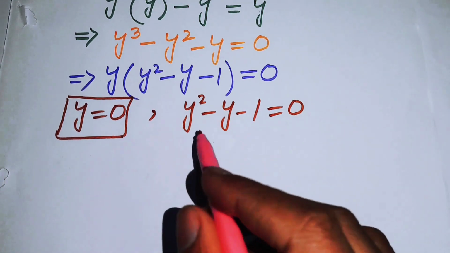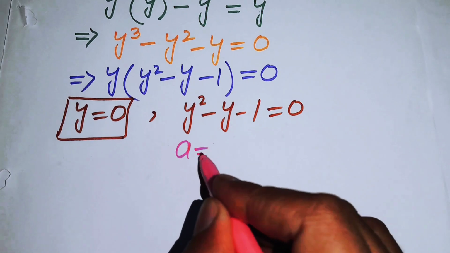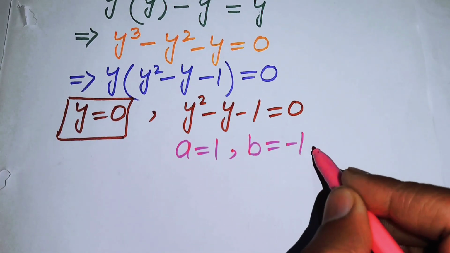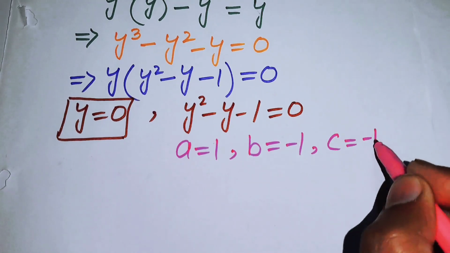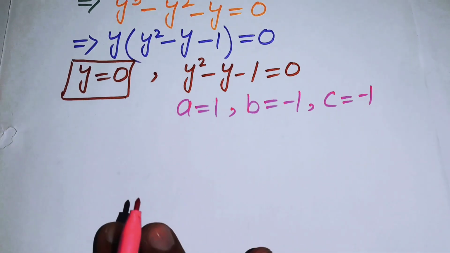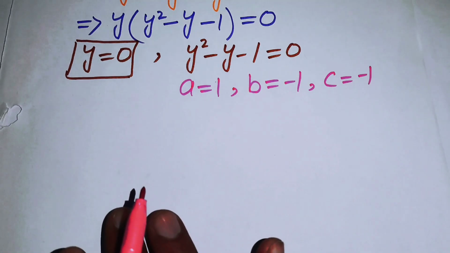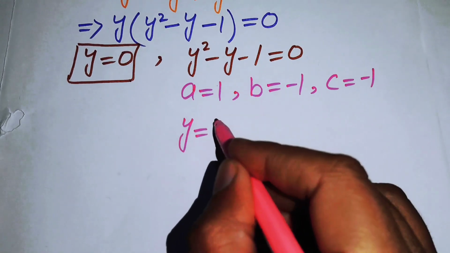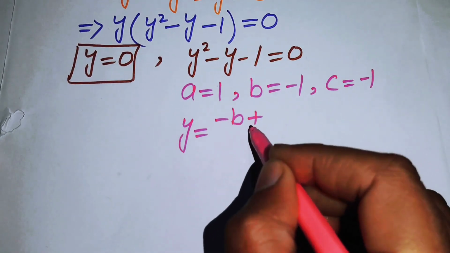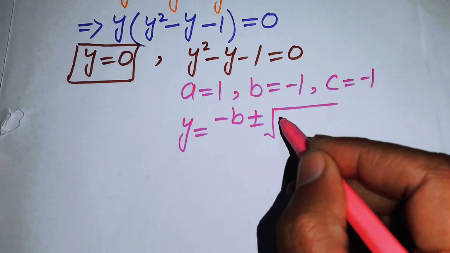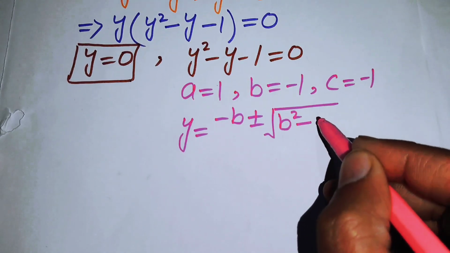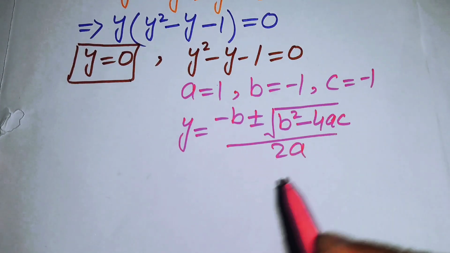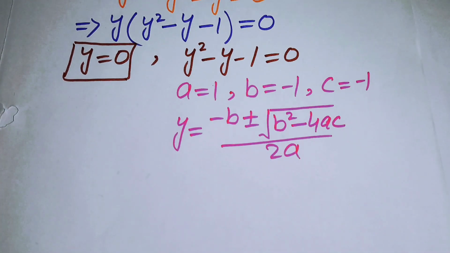In order to solve this quadratic equation, we will use the quadratic formula. So now we write the coefficients of this equation, and we have a equals 1, b equals minus 1, and c equals minus 1. And our quadratic formula looks like this: y equals minus b plus minus square root of b squared minus 4ac, and this whole over 2a.